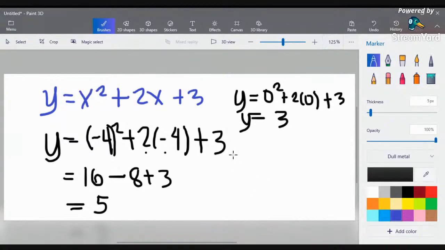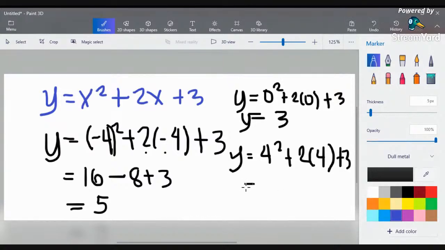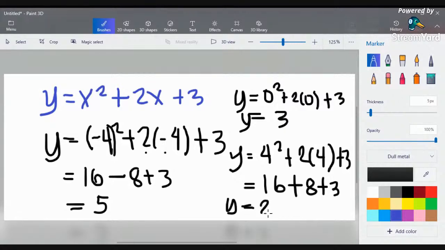And last, for x equals 4, we have 4 squared plus 2 times 4 plus 3, which is 16 plus 8 plus 3. So, your y is equal to 27. Those are the 3 values of y.